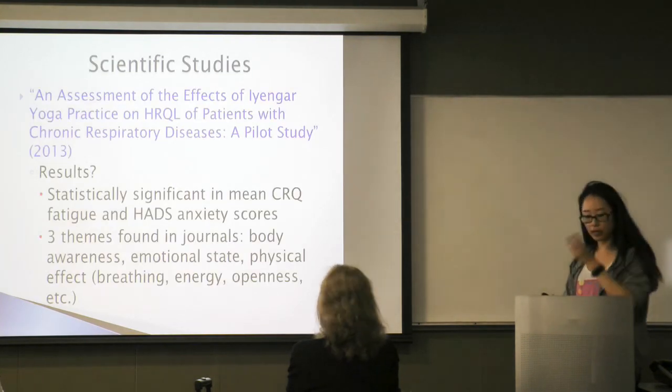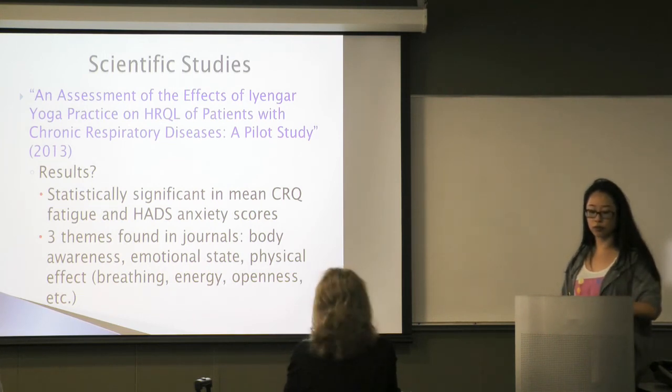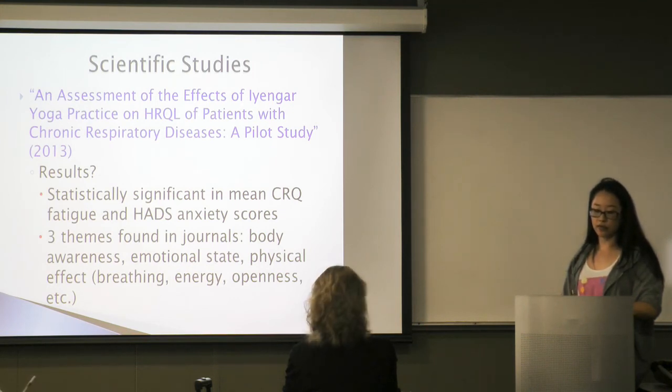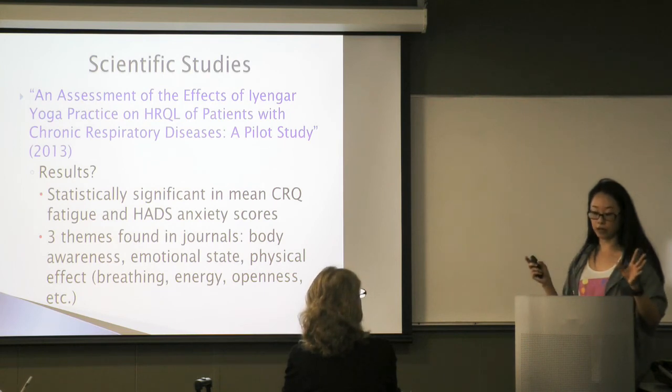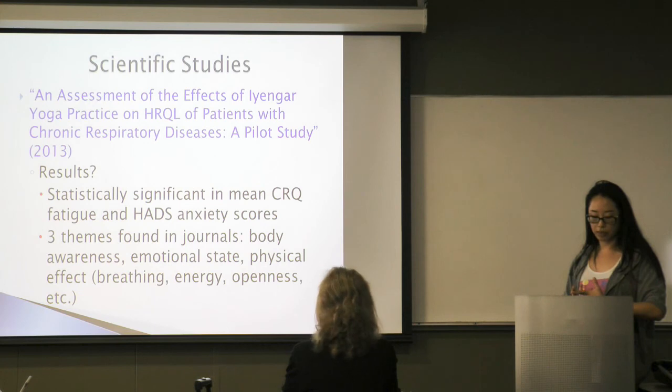But okay, so I'll talk about some of the other studies, two more studies. One is called Effects of Controlled Breathing Exercises and Respiratory Muscle Training in People with COPD. So this wasn't an actual scientific study, but it reviewed evidence of 7 systematic reviews about breathing control exercises and respiratory muscle training.